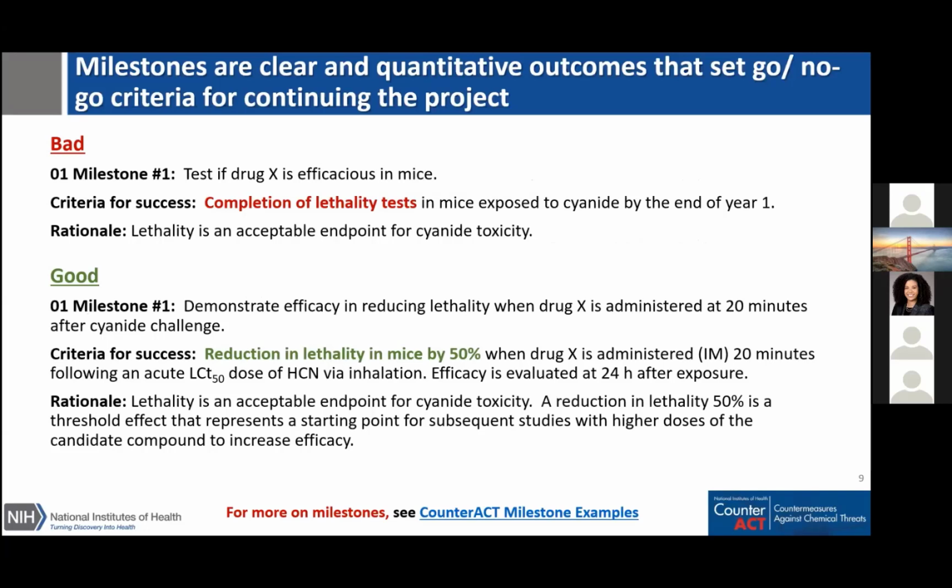The quantified criteria for success is reduction in lethality in mice by 50% when drug X is administered IM 20 minutes following an acute dose of hydrogen cyanide via inhalation. Efficacy is evaluated at 24 hours after exposure. For more information on milestones, please visit our website under information for applicants.